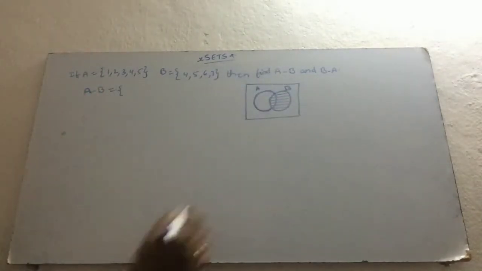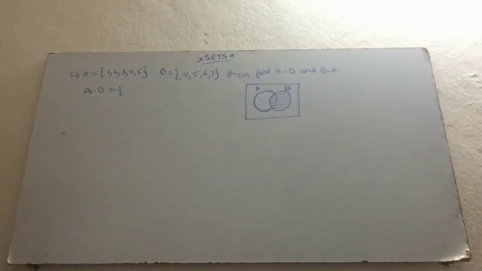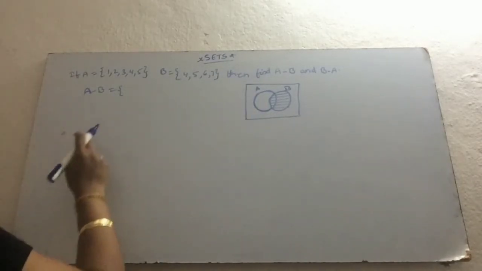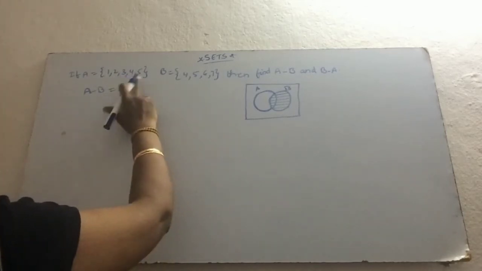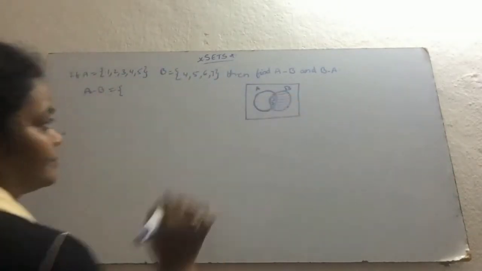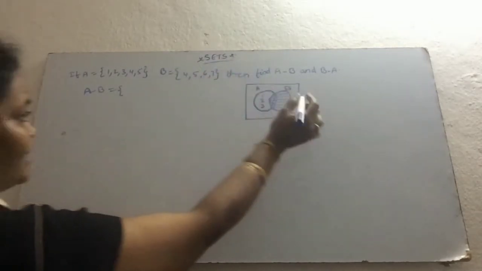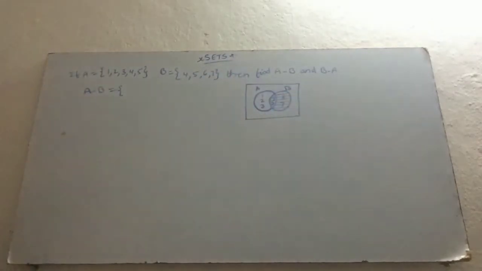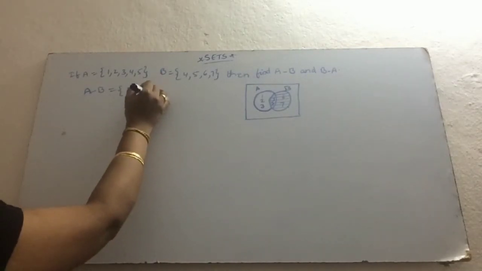So in that part, which elements we have, that elements we will get A minus B. Then now we will write A, and in this both common 4 comma 5. So 4 5. And remaining 1 2 3 I will write here, and remaining 6 7 I will write here. So what are the values of A minus B? 1 2 3.